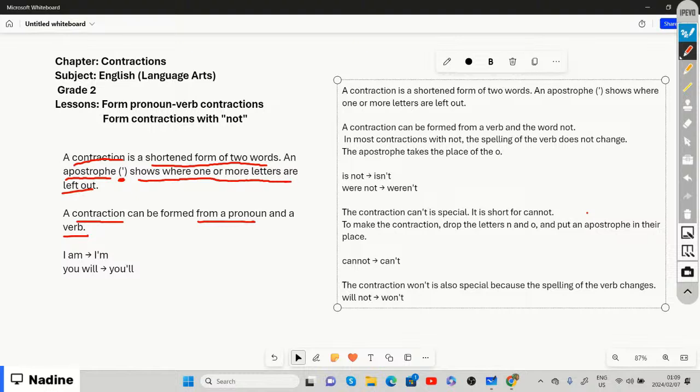If we look at examples of contractions, for example, the words I am, so I am is two words, right? I being the pronoun, am being the verb. So we basically have to put those two words together. And then whatever letters we leave out, we put an apostrophe in its place.